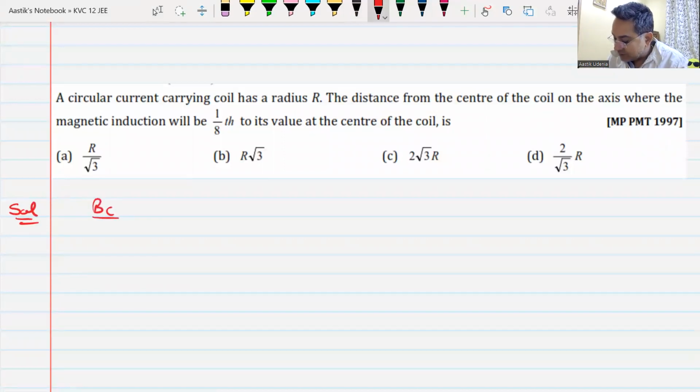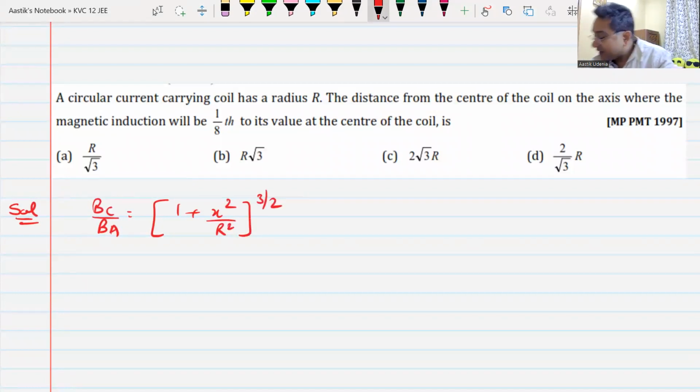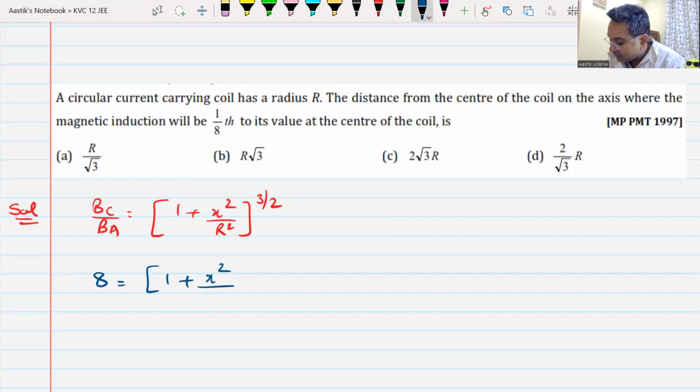B center divided by B axis is 1 plus x square by r square raised to the power of 3 by 2. B axis is 1 by 8 times, so B center by B axis becomes 8. 8 is equal to 1 plus x square by r square raised to the power 3 by 2.